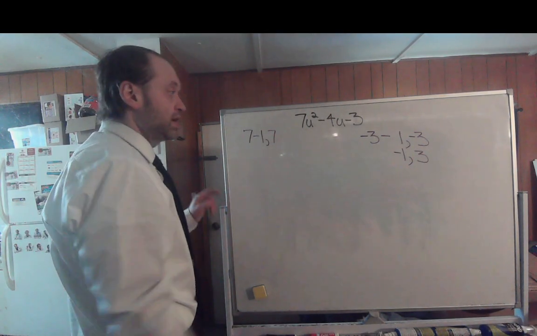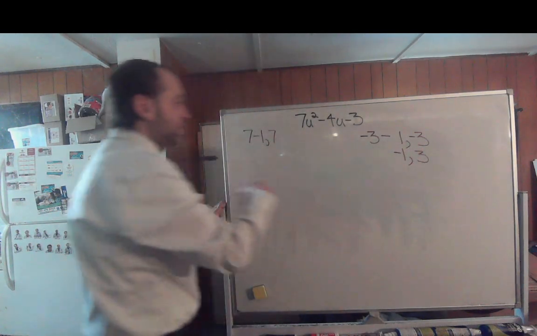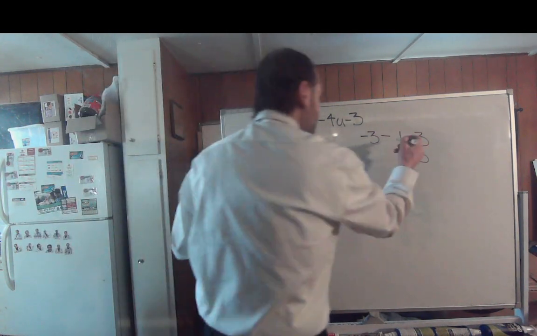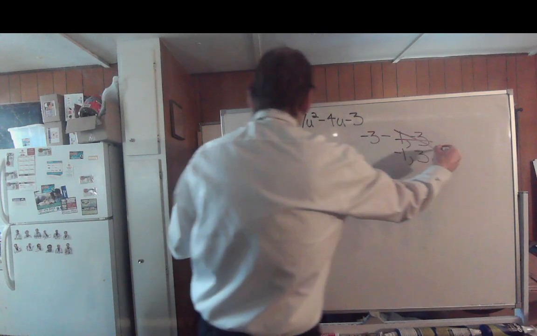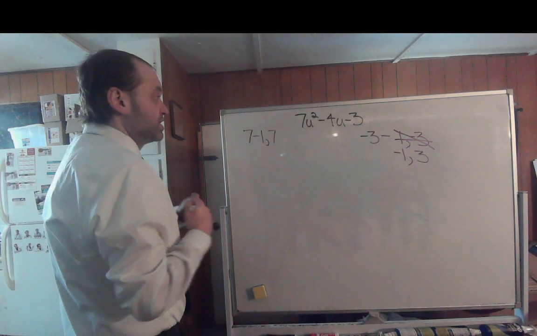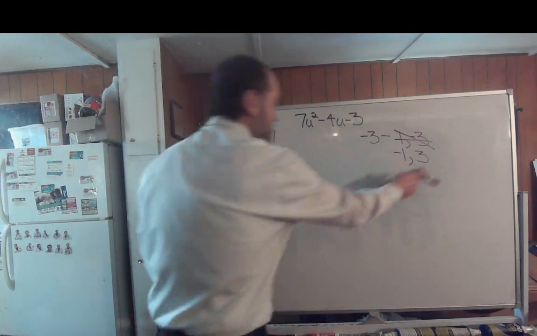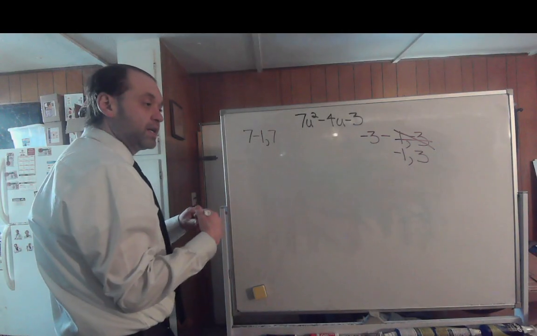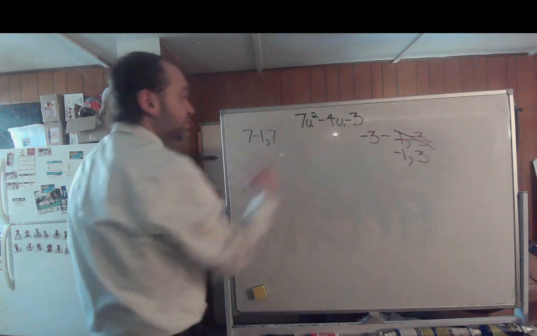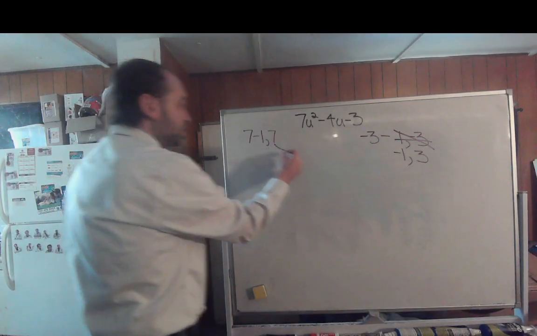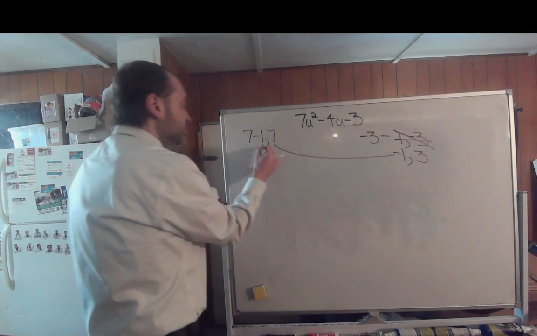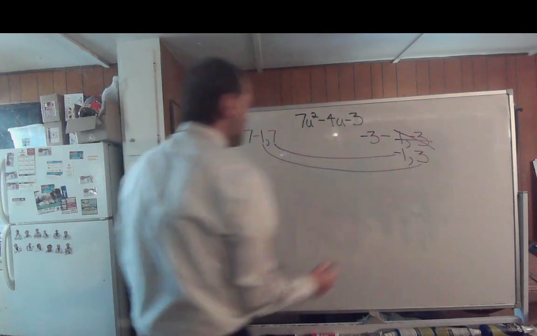That doesn't work, and 7 times negative 3 would be negative 21, putting you nowhere near it. But what if I took 7 times negative 1? That'd be negative 7 plus 1 times 3, so negative 7 plus 3, what do you know? It gives you negative 4. So you'll take 7 times negative 1, and then you'll take the 1 times 3.